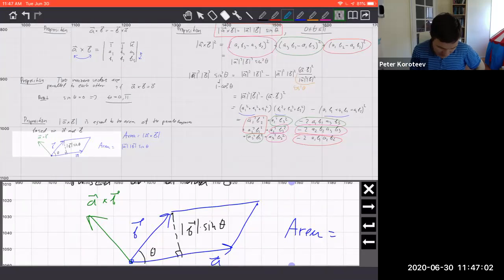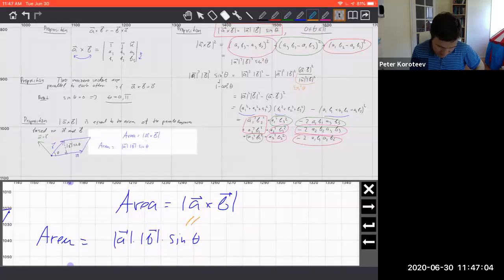In the previous proposition, we showed that the absolute value of A cross B is equal to the absolute value of A times the absolute value of B times the sine of the angle.